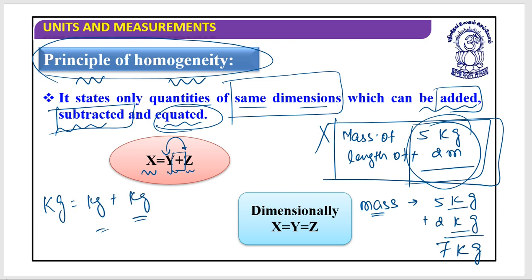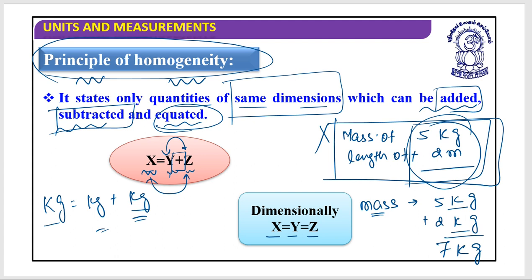So if x is equal to y or x equals z, then even these two must have the same dimensions. Don't go into the calculations; according to the dimensions of x, dimensions of y and dimensions of z, these three must be equal dimensionally. I hope these things are clear.